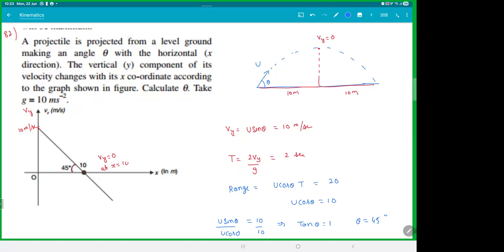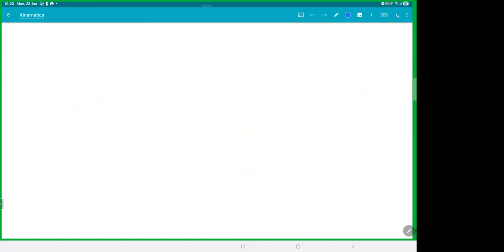Let me show you one more like this, where the graph doesn't make any sense, but you need to pull data from there and solve. For example, they give you something like this. It's a graph between v square and 1 by x cube. Some weird graph. The graph is looking like this.